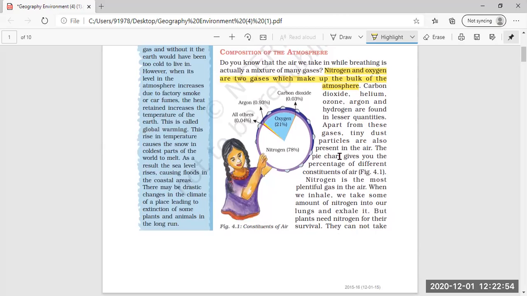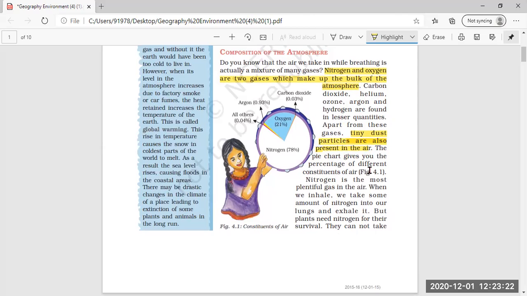Apart from these gases, tiny dust particles are also present in the air. So, apart from the bulk of nitrogen and oxygen, there are lesser quantities of carbon dioxide, helium, ozone, argon, and hydrogen, and tiny dust particles.